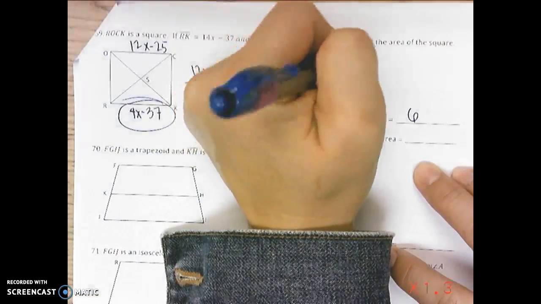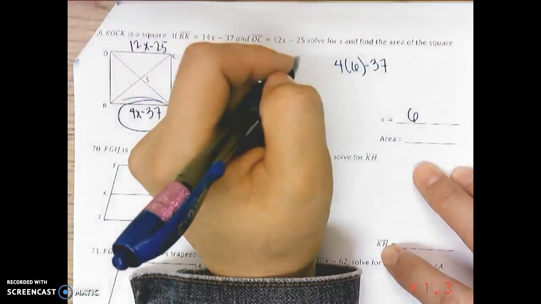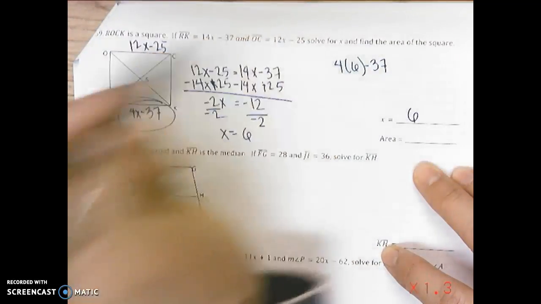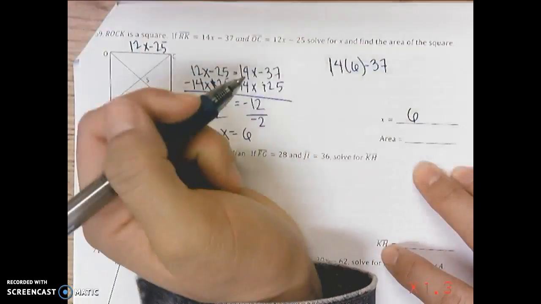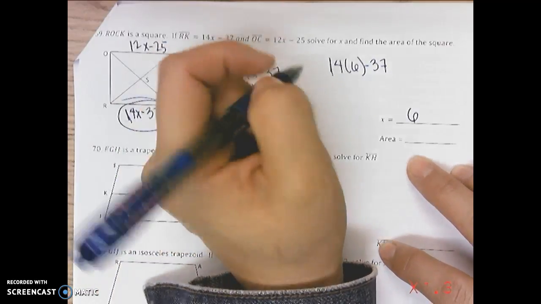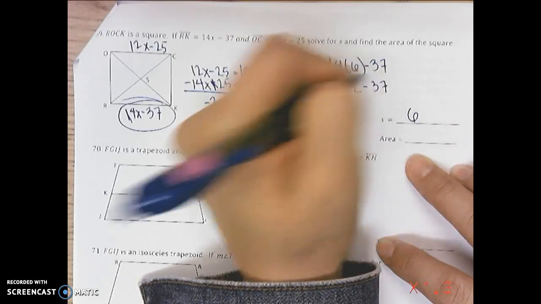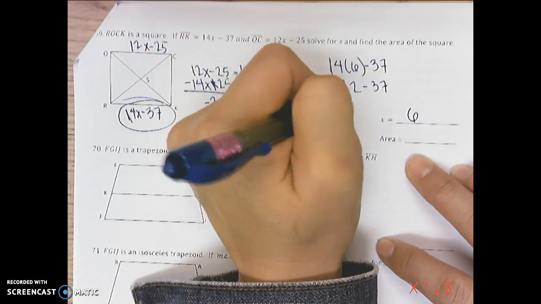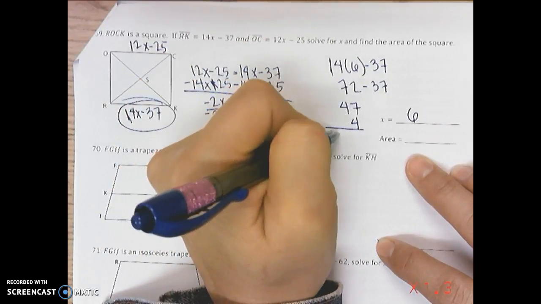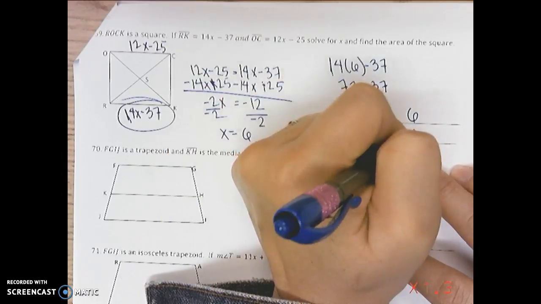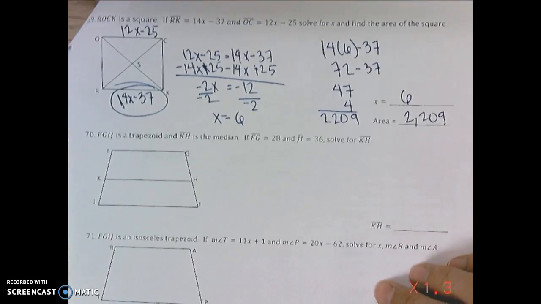So 14 times 6 is 72, minus 37 is 47. And I'm going to need to multiply that by 4 because there's 4 sides, which gives me 2,209. And that's what we have.